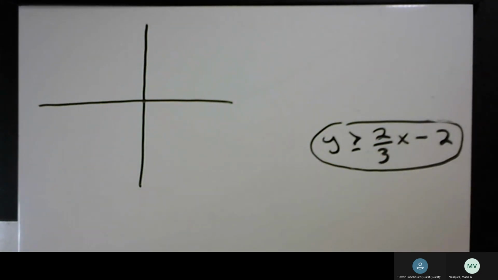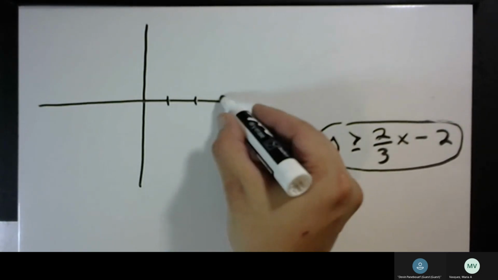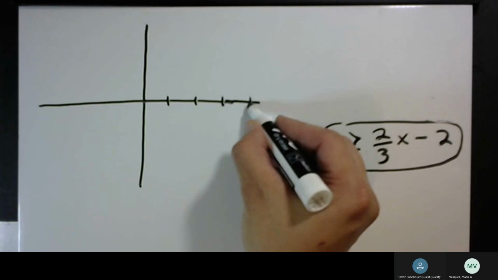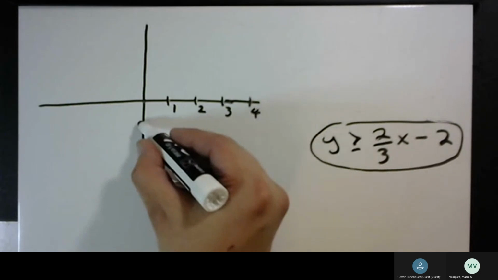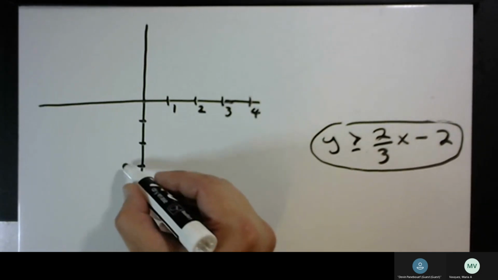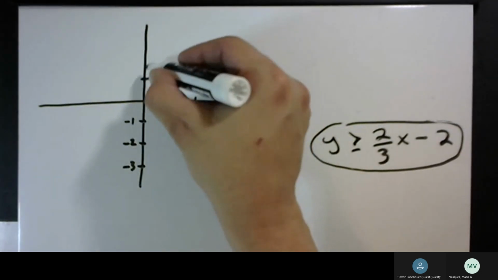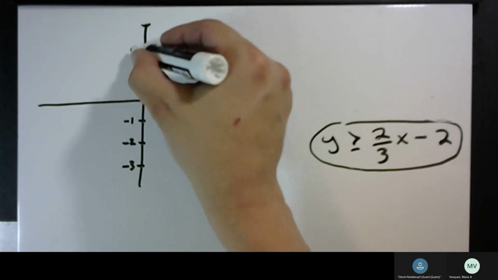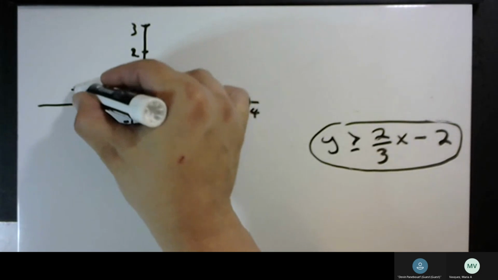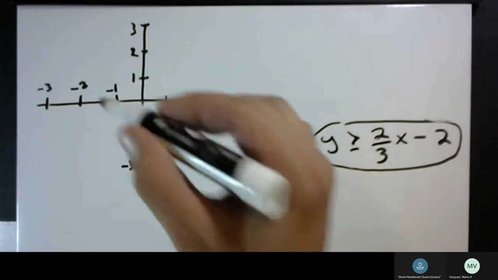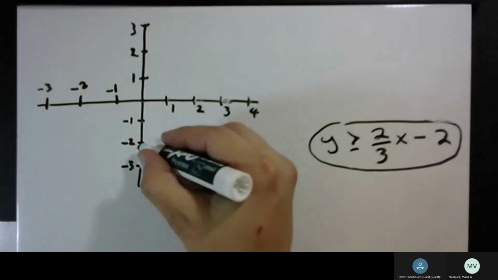So I'll use both methods for doing this, the test point method and the new method. So we have a y-intercept of -2.